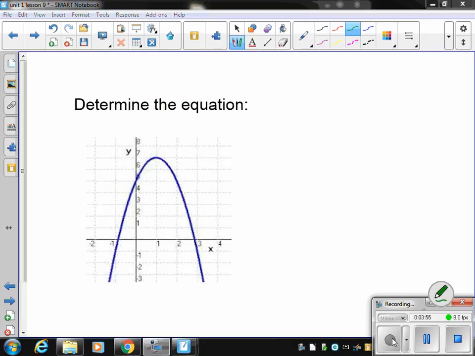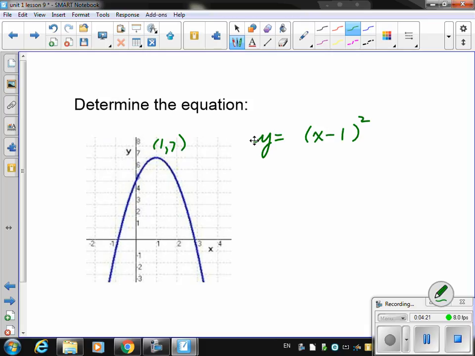For the second one, we're going to determine the equation, but also the domain and the range. So my equation would be, I'm going to just skip A for a second, and look at the vertex. The vertex is (1, 7). So I need x subtract 1 to move it to the right, plus 7 to move it up.